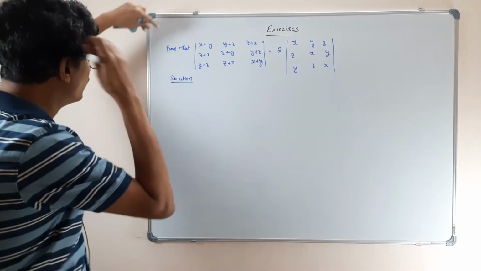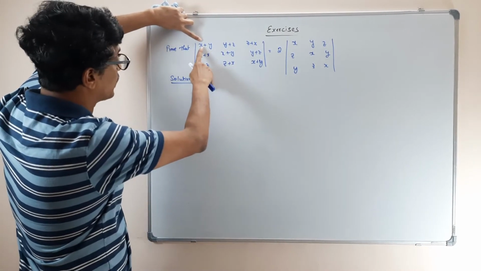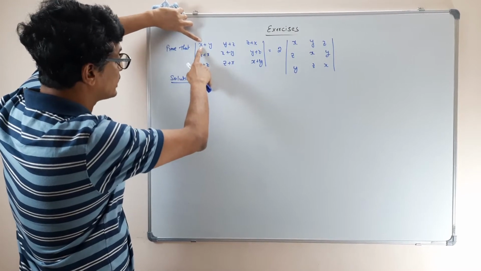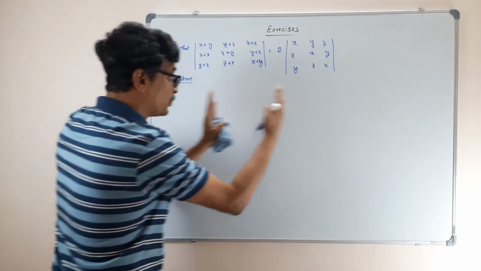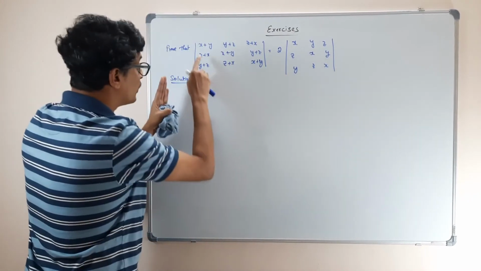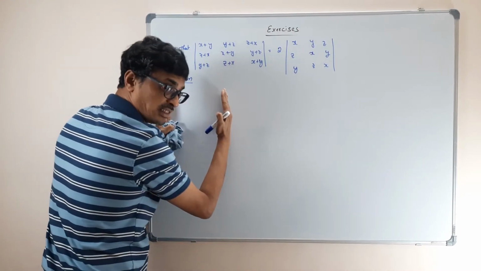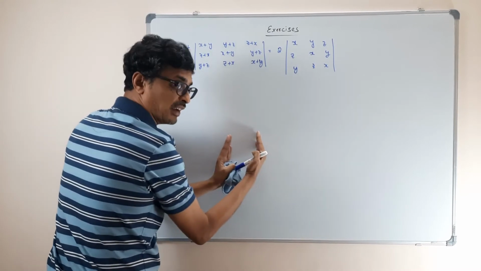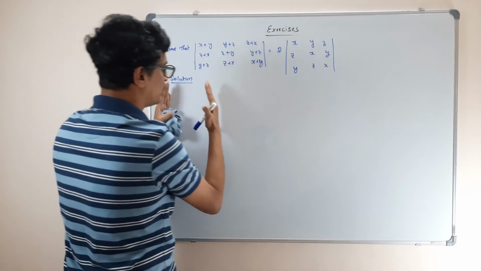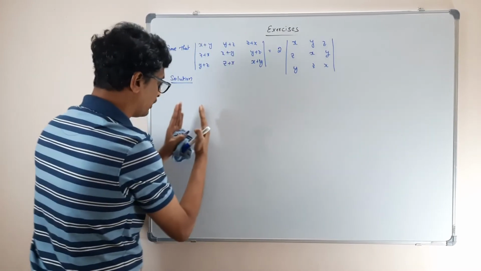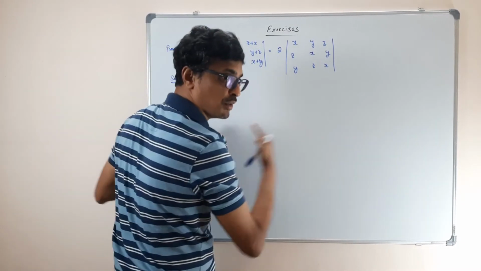In the lengthy way, you can separate the top row as a sum of 2 matrices, right? Then each matrix will again be written as a sum of 2 matrices. So the first one makes 2 determinants. Then the second one, this becomes 2, this becomes 2, making 4.